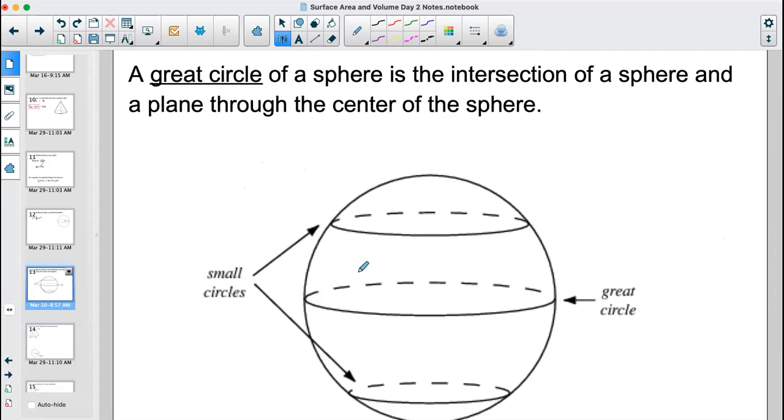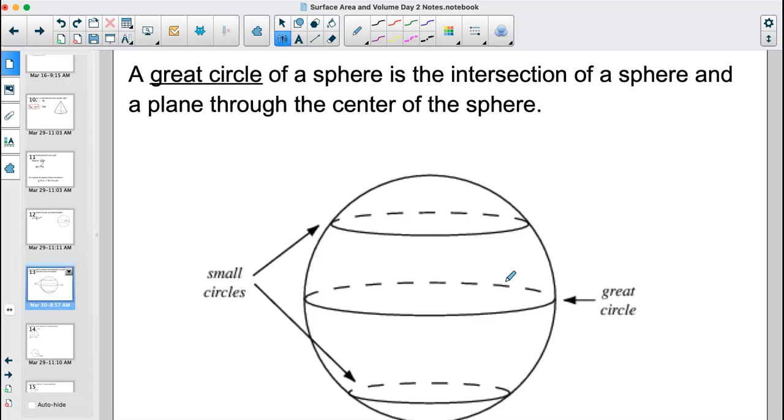So I wanted you guys to have seen the word great circle. When you cut a sphere with a plane, you get a circle, and the great circles are the biggest ones you can draw. The equator is a great circle on the Earth, for example, because its center is the center of the sphere.